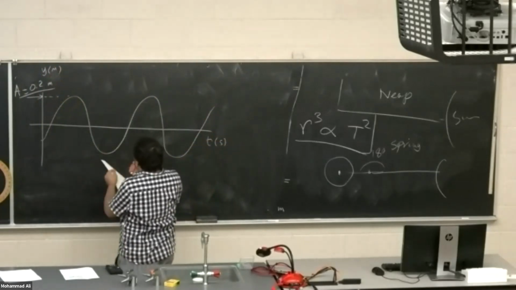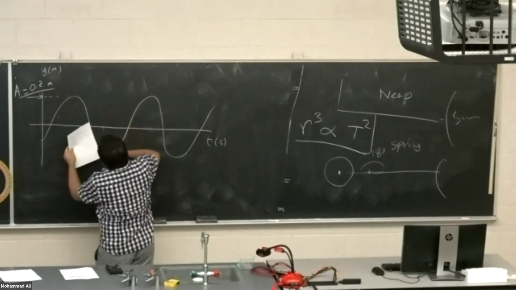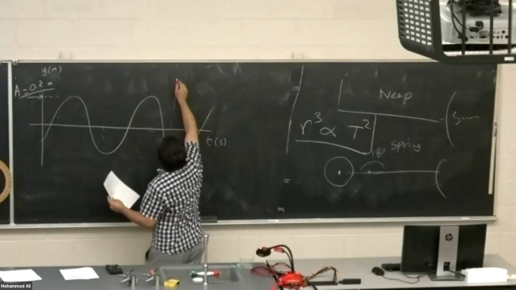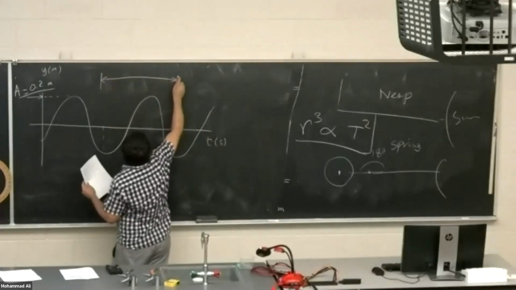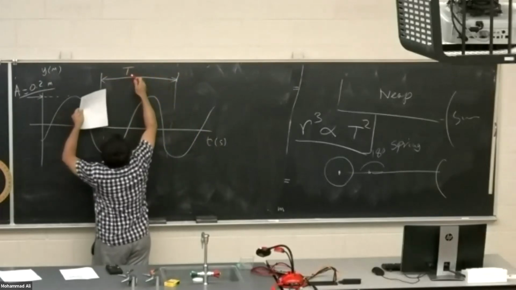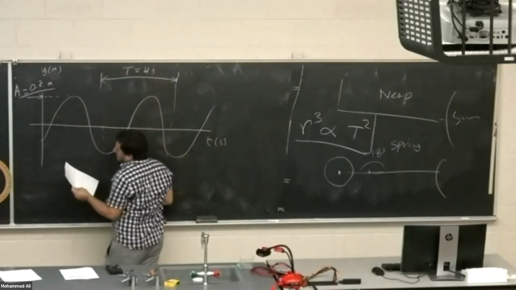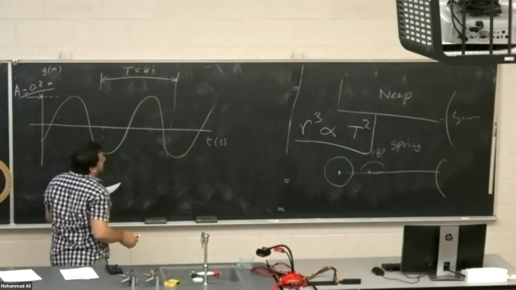Also, in the graph, it is given that from here to another here, this time distance is the period, which is 4 seconds. What else? Nothing. That's all.